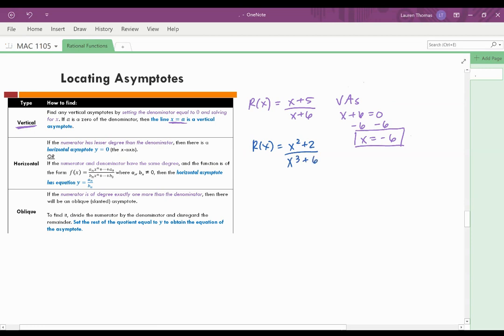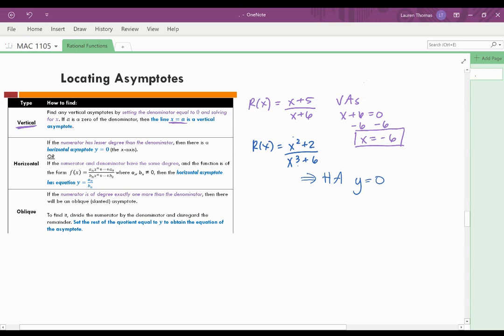So when you're looking at the degree, remember the degree is the highest exponent that you see, and you're going to look at the numerator and the denominator individually. So in this case, the degree of the numerator would be 2, okay? And the degree of the denominator would be 3, okay? Now, since the degree in the numerator is smaller, this function automatically has a horizontal asymptote, and that horizontal asymptote is when y equals 0 automatically.